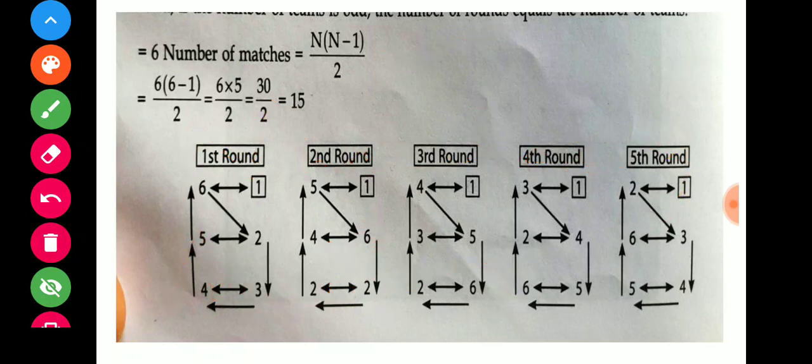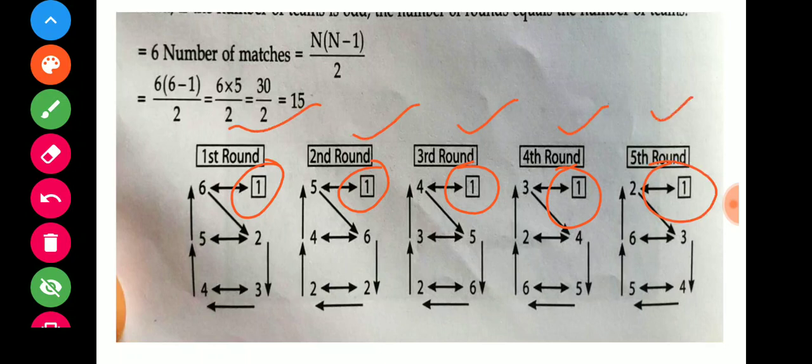So we can find the number of matches through this formula. Now, how do we place the teams in the league tournament cyclic method? Here you can see that 1 is fixed in every round. How many rounds would there be? 5 rounds. Each round will have 3 matches, so 5 into 3 equals 15 matches.